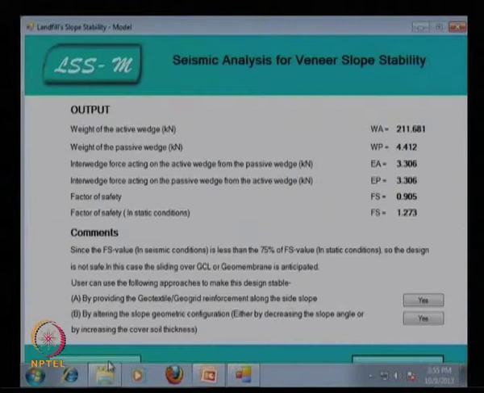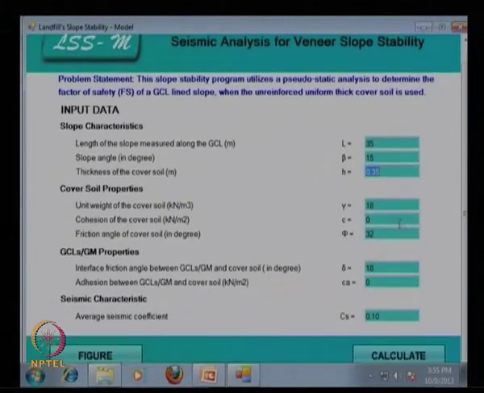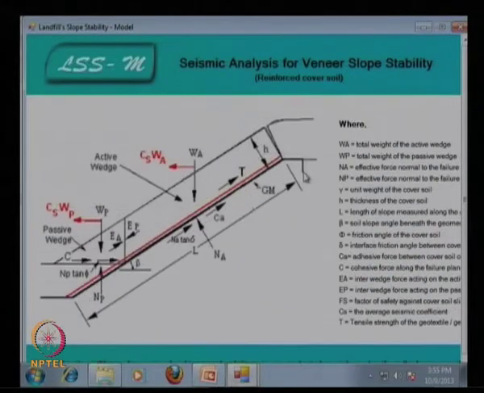So, if you add the reinforcement here, this is the seismic analysis for the beneath cover soil with the reinforcement. This red color shows the reinforcement, and here due to the seismic effect, that is CS into WP in the passive wedge, CS is the seismic coefficient, and here is the seismic coefficient CS in the active zone, this is CS into WA.